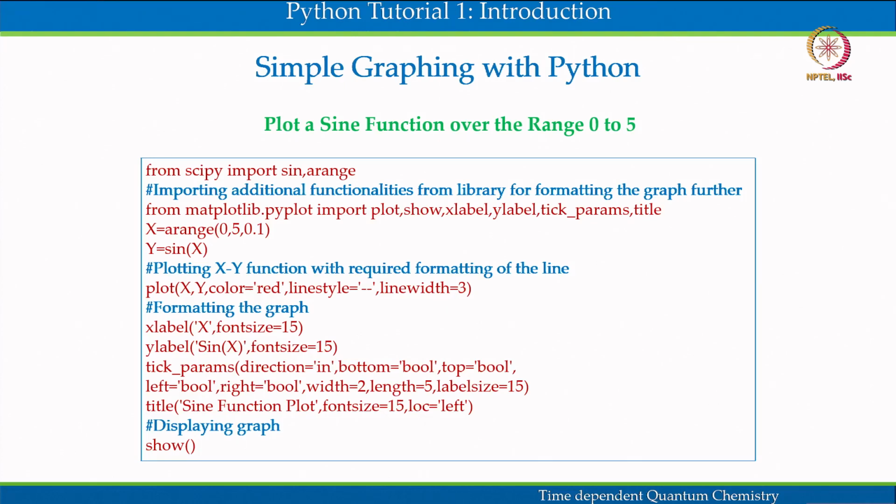As you can remember, from the matplotlib pyplot submodule I have previously imported the plot and show functionalities. Now I am going to import xlabel, ylabel, tick_params and title. All of this needs to be imported, and the remaining part is the same; it is just the formatting part here.